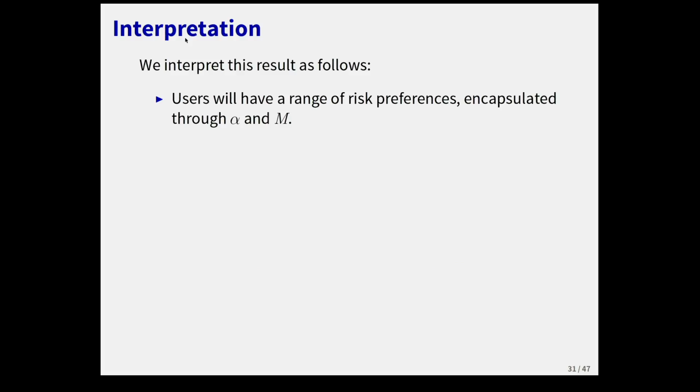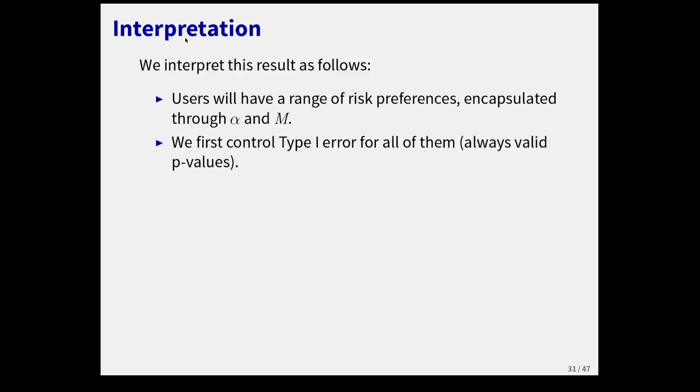All right. So we interpret this result as follows. Users will have a range of risk preferences encapsulated through alpha and m. What we first do is control type 1 error for all of them. And that was the first part of the talk, always valid p-values. And this means that it doesn't matter who you are, and actually not only for all of them, but for any user model, type 1 error is controlled.